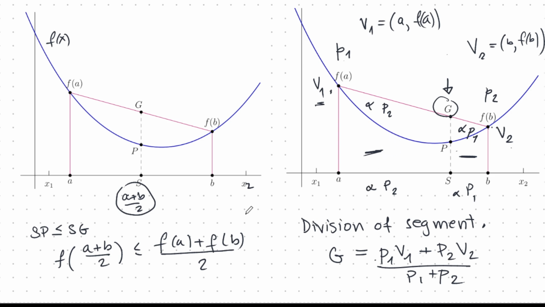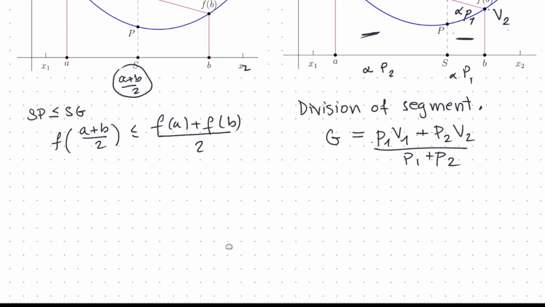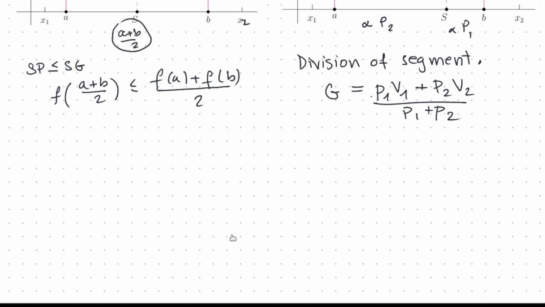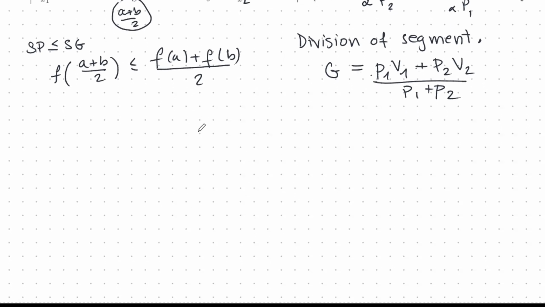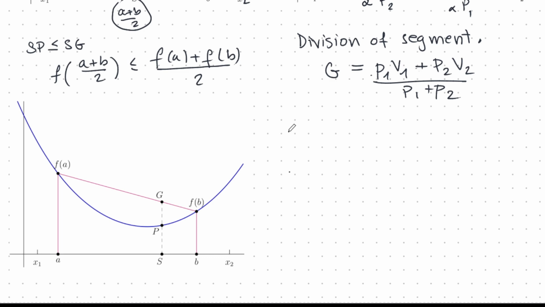Okay, now let's get some space here. I think I want that diagram again. So again, let's keep in mind that V1 is (a, f of a), and V2 is (b, f of b).